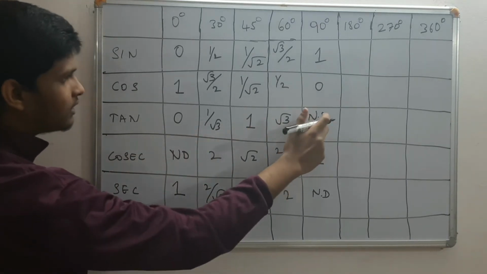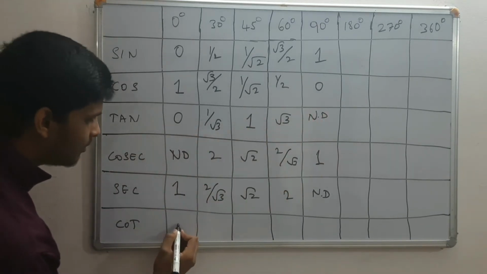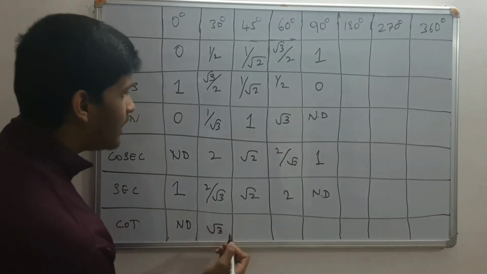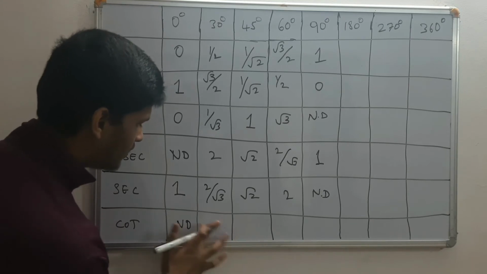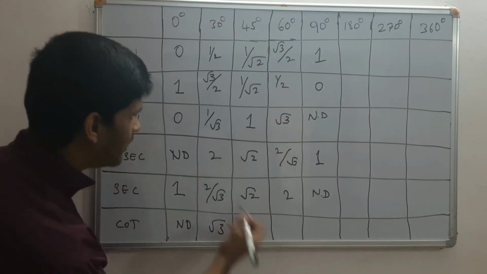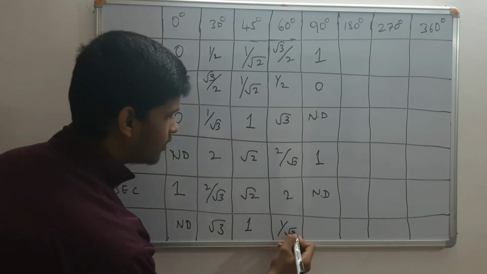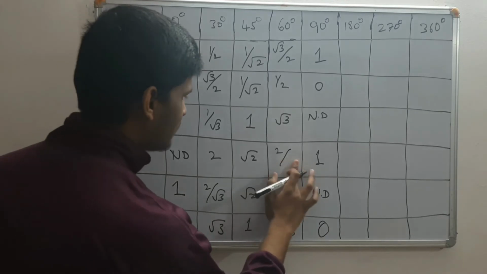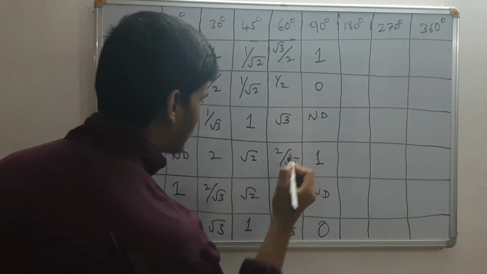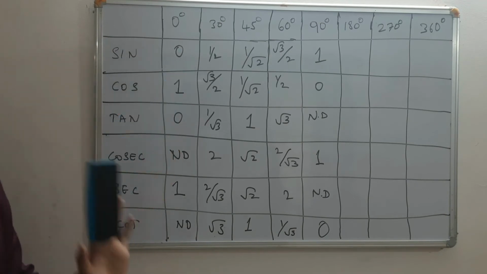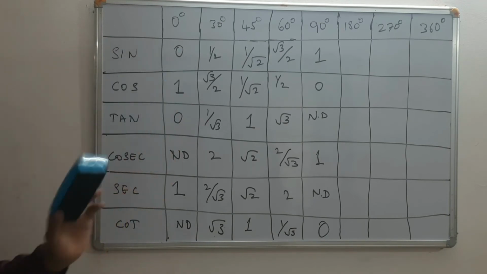So if you take this tan 90 degree as cot 0 degree, it will become not defined, and here root 3, here 1 by root 3, and here 0. That's it. So we are done with all trigonometric ratios from 0 to 90 degree angles.